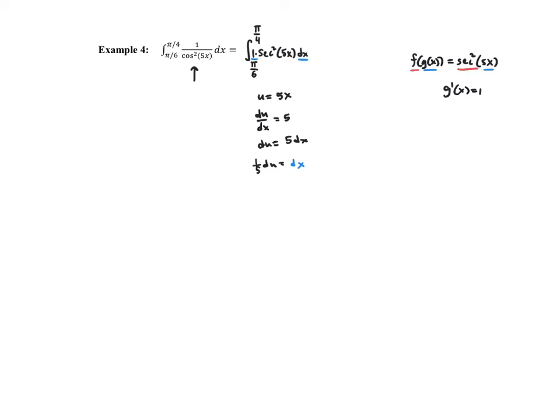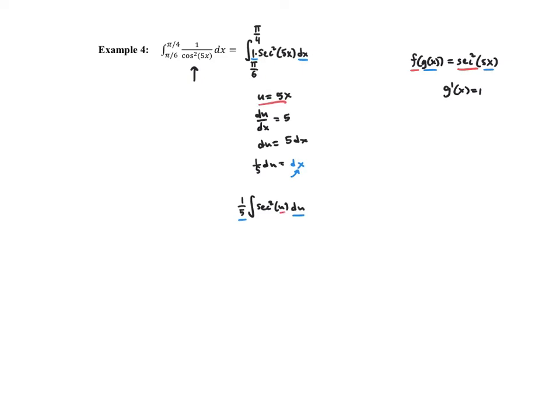All right, now, before we go too far, of course, this would be the integral, and I'm intentionally not putting limits on this yet. This would be 1/5 the integral of secant squared u du. Right, here's my substitution. 1/5 du is equal to dx, and u is equal to 5x, so I plug that right in there.